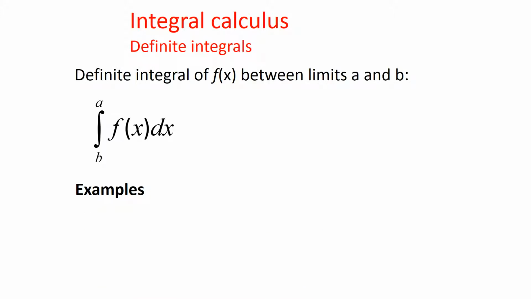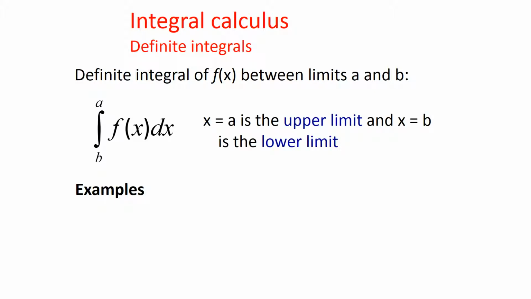Okay, so we're going to talk now about definite integrals. So what this means is that if we put a number above and below this squiggly s, the summation sign, that means we want to integrate that function between 2 points.